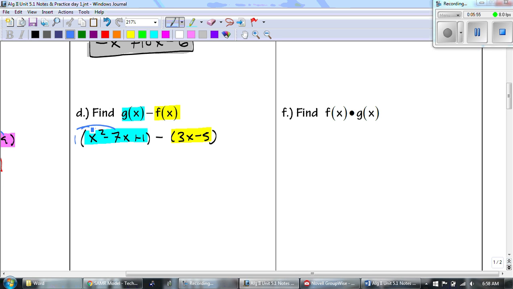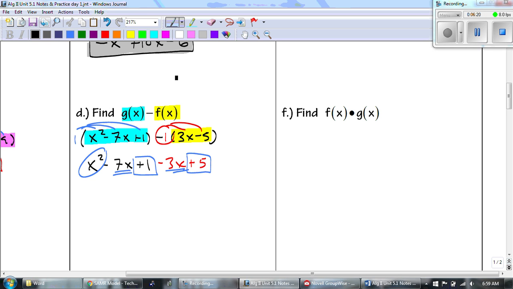In front, I have a positive 1, so we have x squared minus 7x plus 1. In the back, I'm distributing a negative 1, so that turns to negative 3x plus 5. Okay? And then I'm doing this really quickly, but I'm looking at all of my like terms. So now we have x squared minus 10x plus 6.